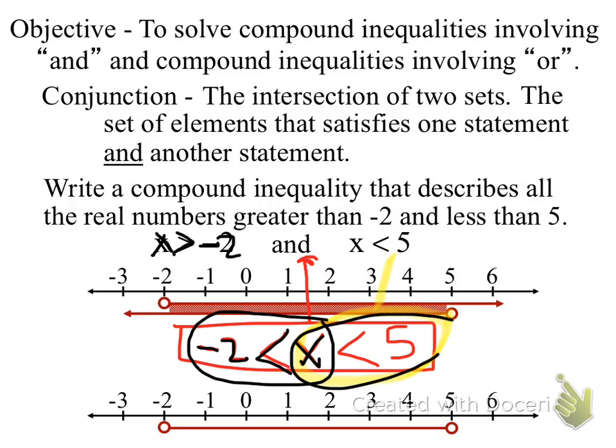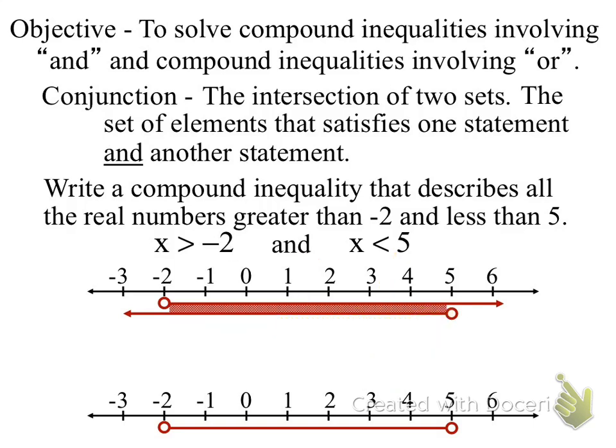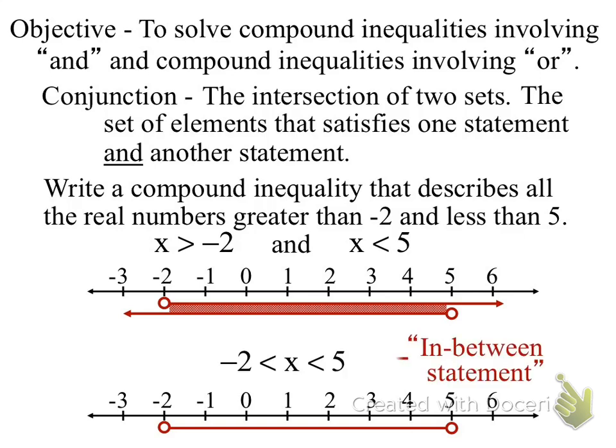You're just putting it into one statement. It's called an in-between statement. You could pretty much get through this section without ever using in-between statements. They're not mandatory, but I want you to understand them. We use them for conjunctions.